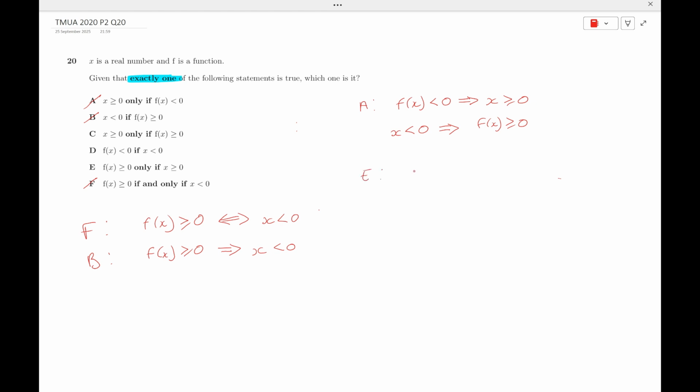So I'm going to look at E. Now, E is saying that x greater than or equal to 0 guarantees f of x greater than or equal to 0, and there's no other way for f of x to be greater than or equal to 0.